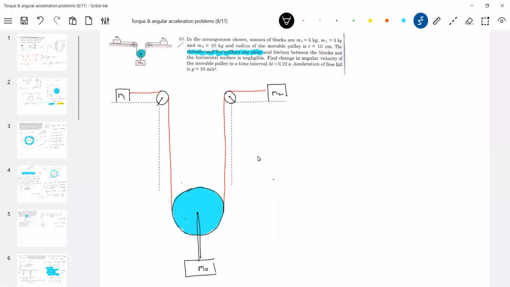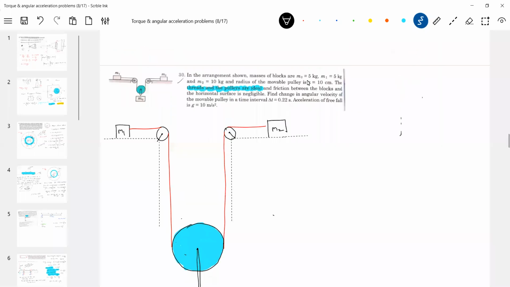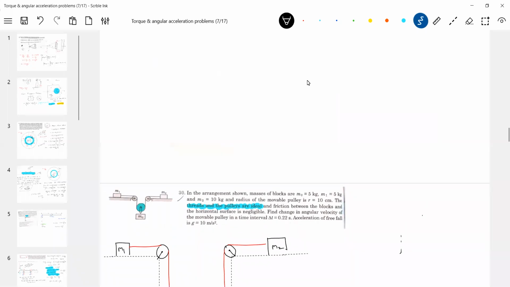So I think we have to go back to our basics, as there's a light pulley. Like if this is the pulley, I'll come back to the question.